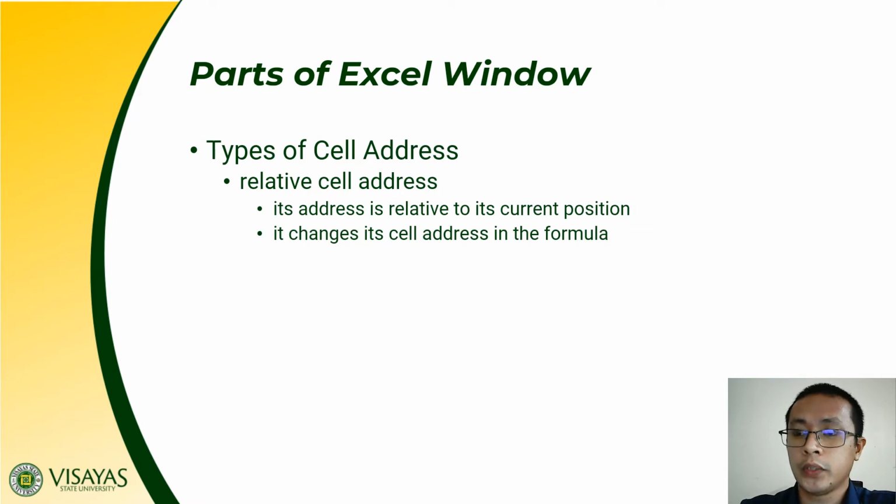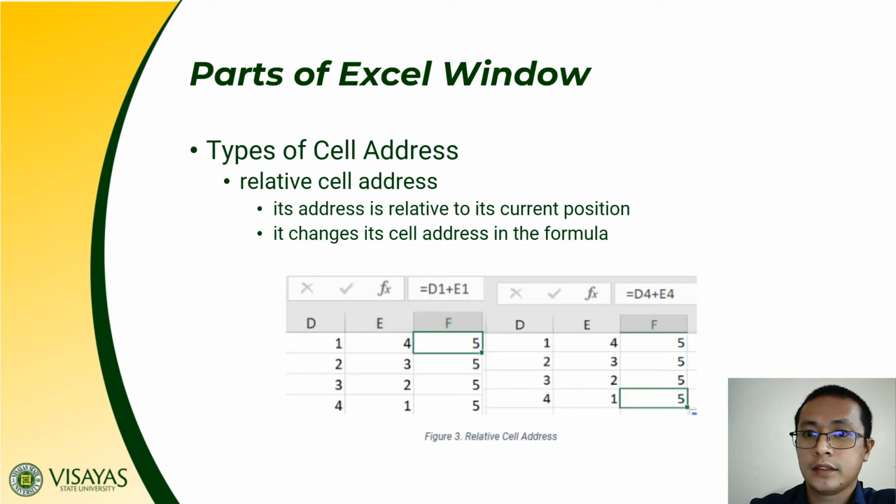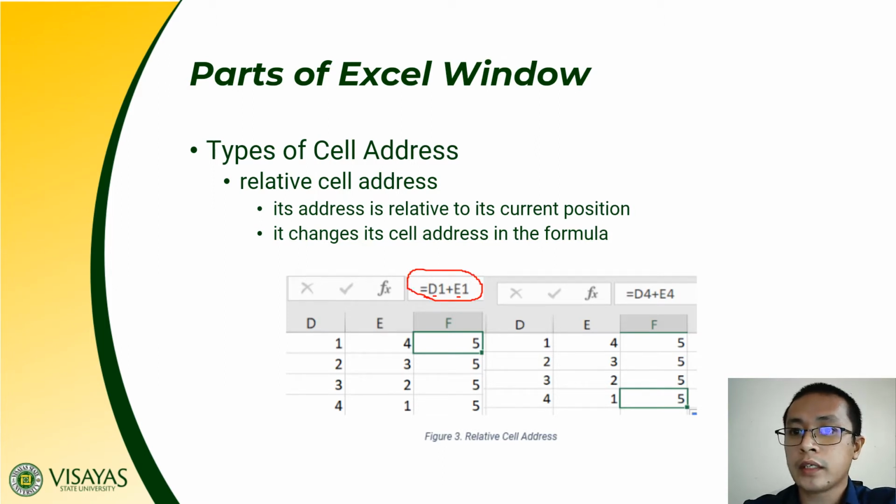This is usually used in formulas where the cell address must change as the formula is being applied to other cells. For example, we have here cell addresses D1 and E1, and we use them in the formula equals D1 plus E1 in this cell address.